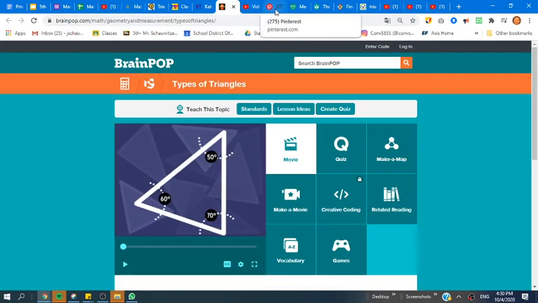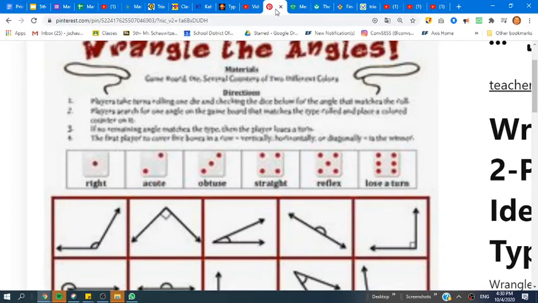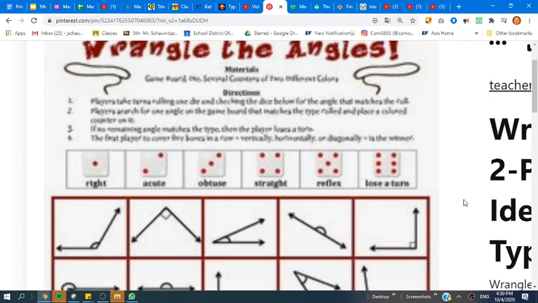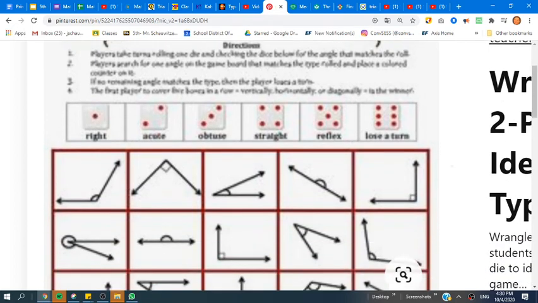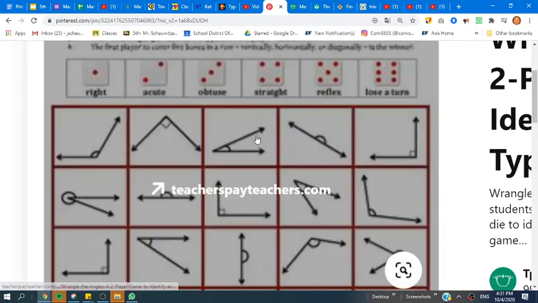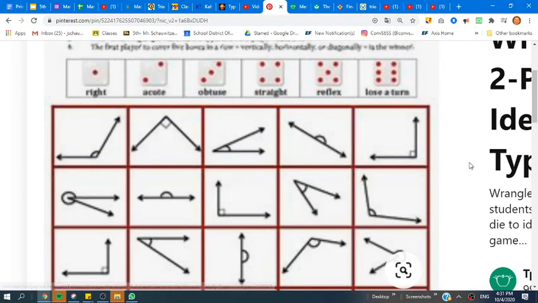What I want to do, just so that you can understand the concept for today, is encourage you to play a game called Wrangle the Angles. If you have a couple of dice at home, you can play this with one of your family members. For example, if you roll a 1, that's a right angle. And you would just put a token or something on an angle that was right.